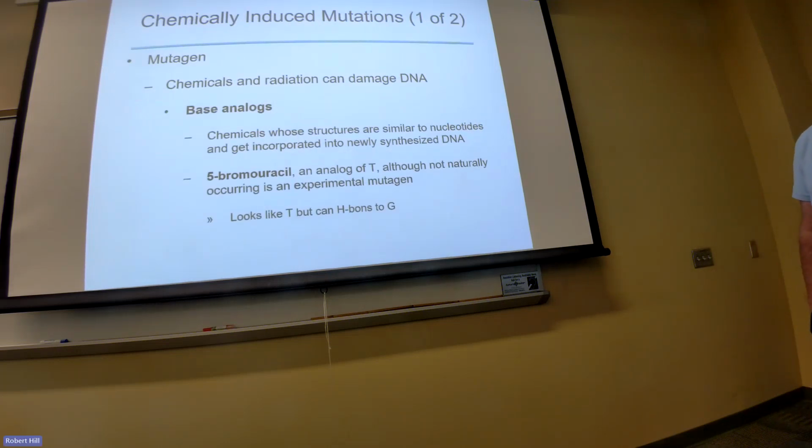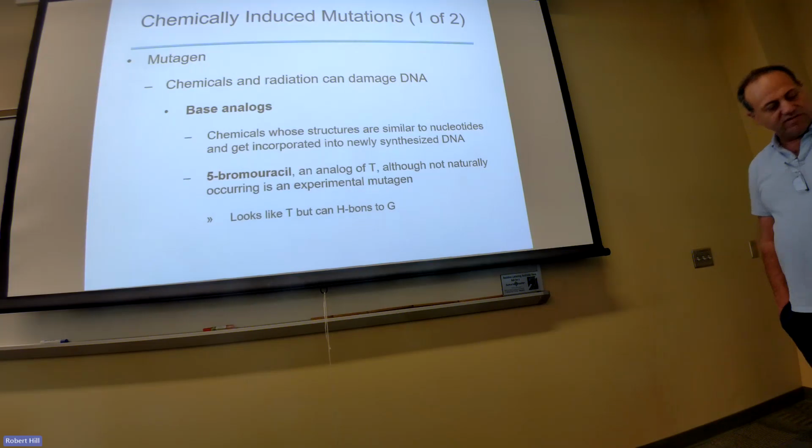Okay, chemically induced mutations. These are mutagens that can have different effects. One effect they can have is to act as a base analog, which means a molecule that looks just like the nucleotide. There are not too many base analogs in nature. These are more man-made structures, not naturally produced.